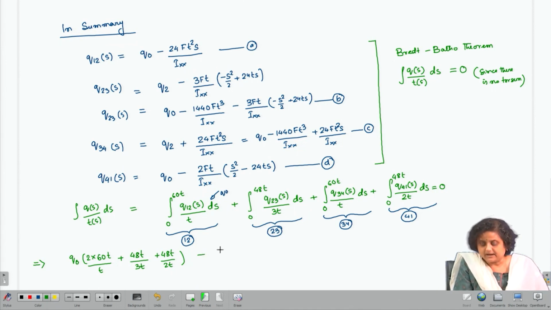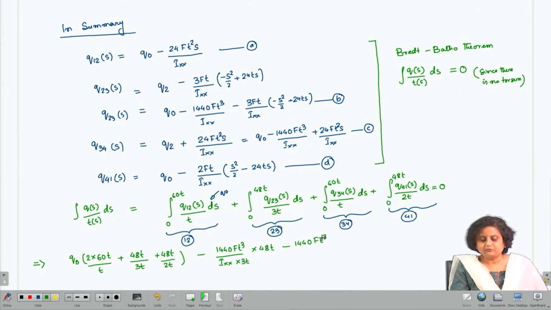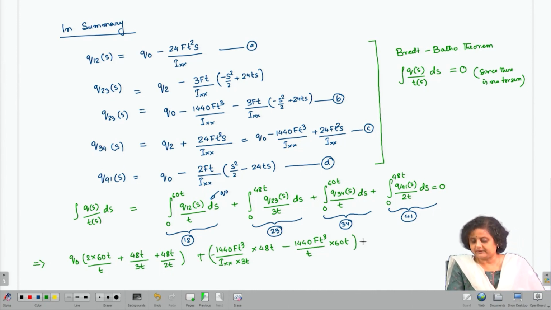So we will have minus 1440 F T cube by IXX into, so this is for portion 2-3, which has a thickness of 3 T, so divided by 3 T into 48 T, and then we have another 1440 F T cube, which is for portion 3-4, which has a thickness of T, into 60 T. So, these are the two other expressions that we have.